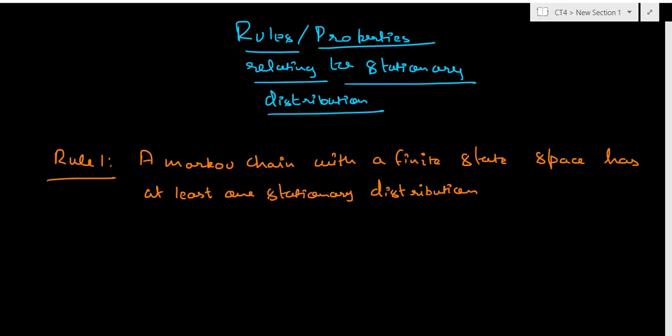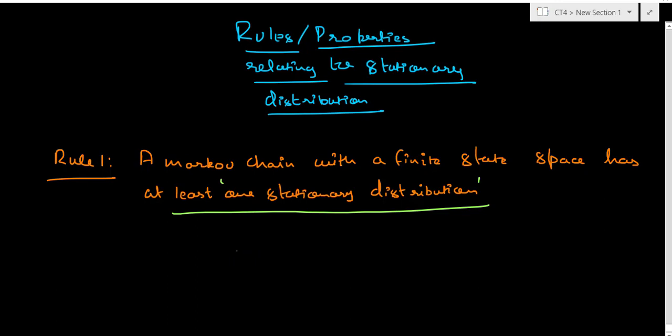What that means is that if a Markov chain has a finite state space, that is, the number of states is limited, then it definitely has at least one stationary distribution, where if it enters, it won't be able to exit. So it will settle down there. Any Markov chain with a finite state space has at least one stationary distribution.